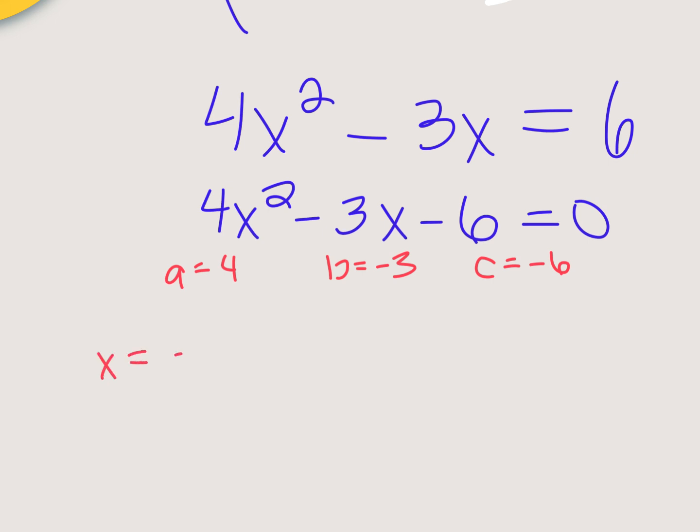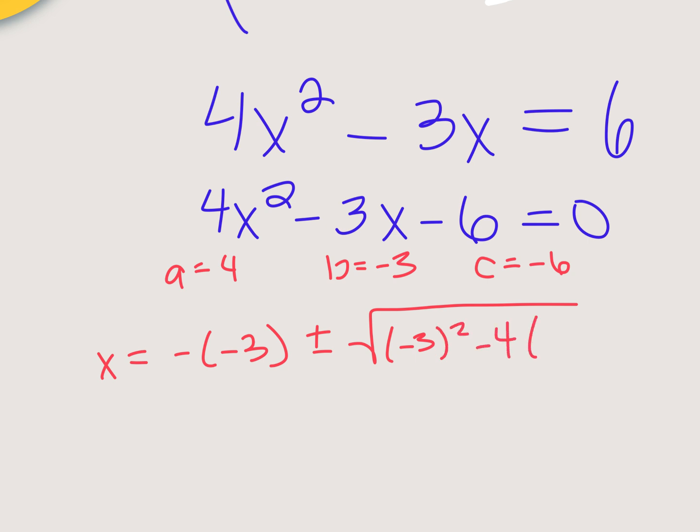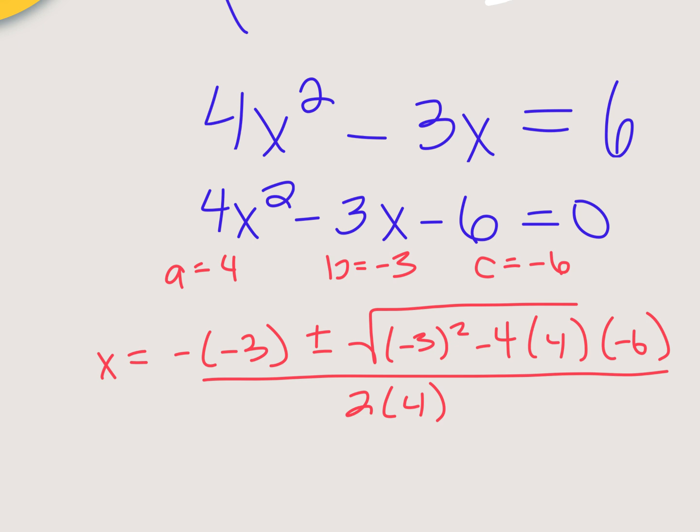X equals -3 plus or minus the square root of -3 squared minus 4 times A, which is 4, times C, which is -6, all over 2 times a, which is 2 times 4.